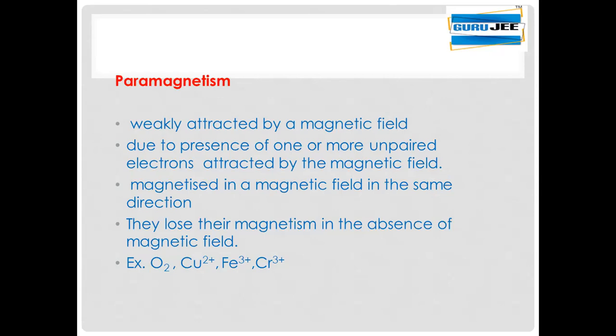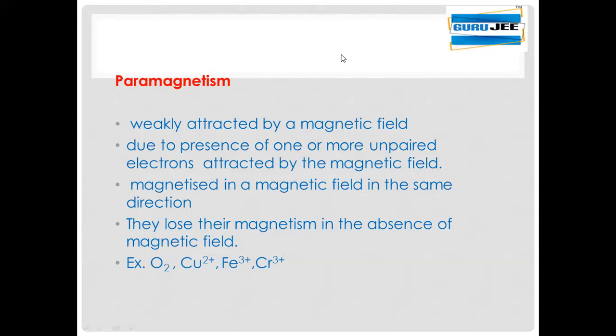Okay, there we have discussed this term paramagnetic. Here you can see that paramagnetic substances are only weakly attracted by a magnetic field. It shows its magnetic property due to the presence of one or more unpaired electrons. There will be some unpaired electrons after bonding, and due to their presence, the unpaired electrons can easily get attracted by the magnetic field.